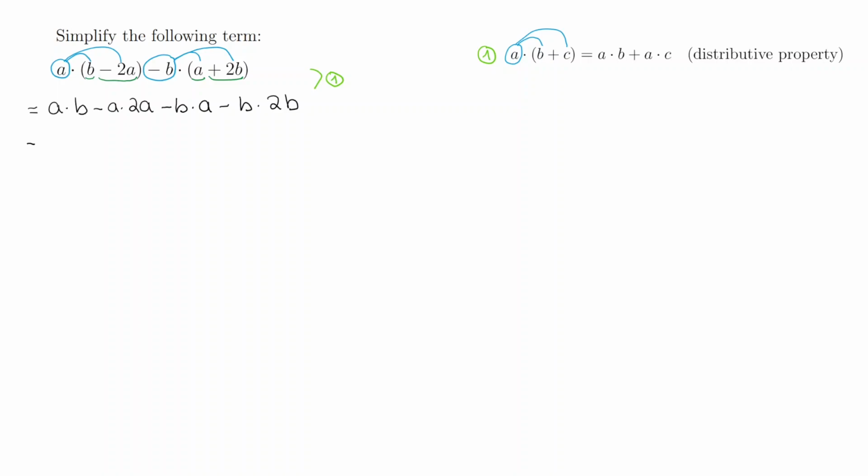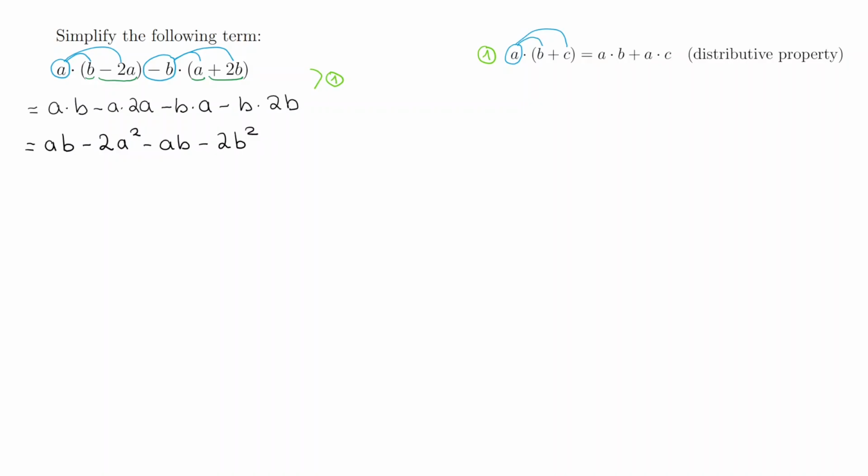So I will do that now. We have here a b, which already is in the right order. Then here I resort, I put the 2 first, and then a times a is a squared. And then here I change the order, minus a b. And here I put the number first as well, and b times b is b squared.